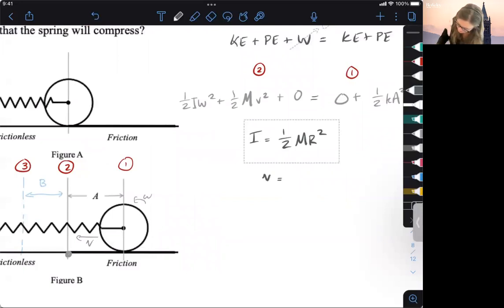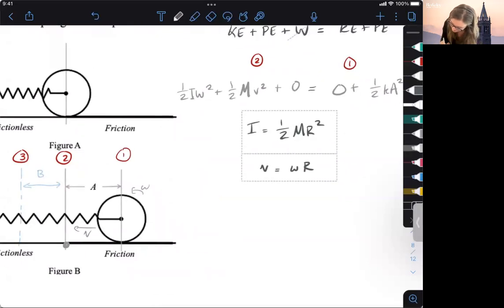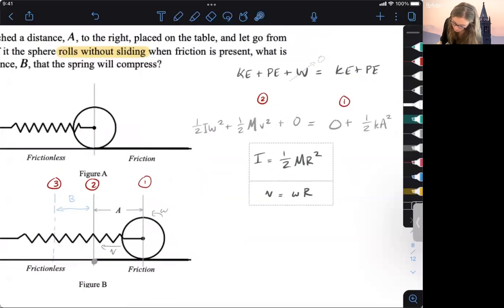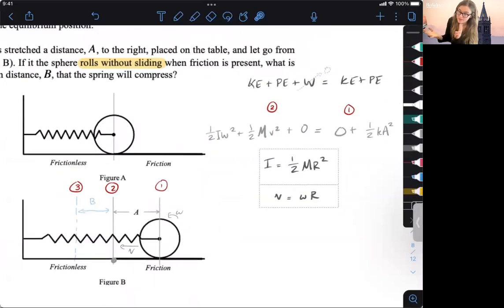Okay, so our linear velocity is equal to the angular velocity times r, because we know that we have a roll without slip condition. This is important because this problem is modeled in two parts.